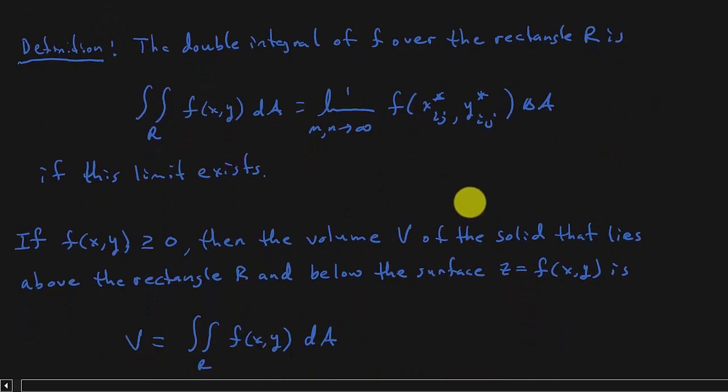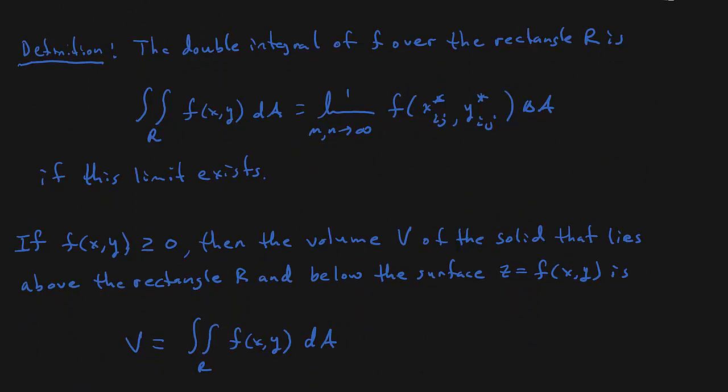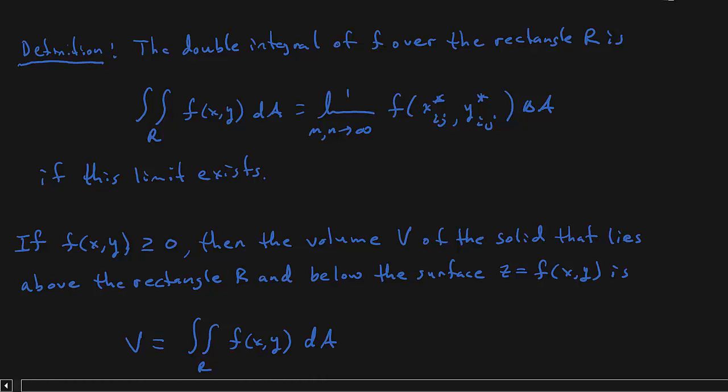Let's look at this definition. The double integral of f over the rectangle R, the double integral over R of f of x y dA, is equal to the limit as m and n go to infinity of the double sum of f of x sub ij star, y sub ij star times dA, if this limit exists.